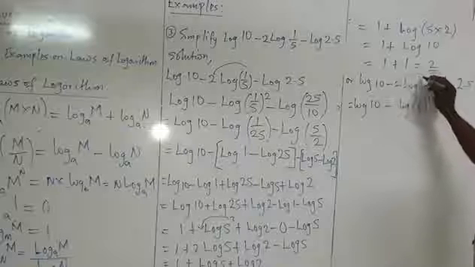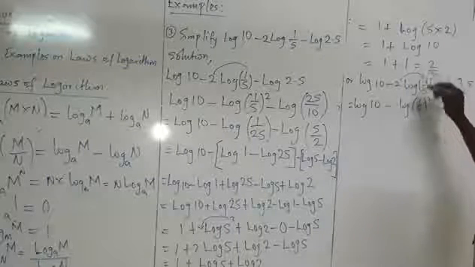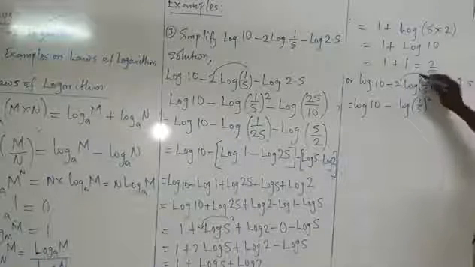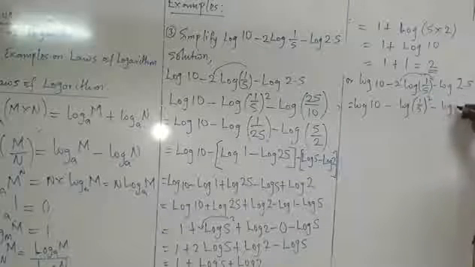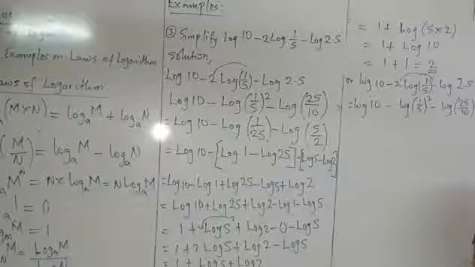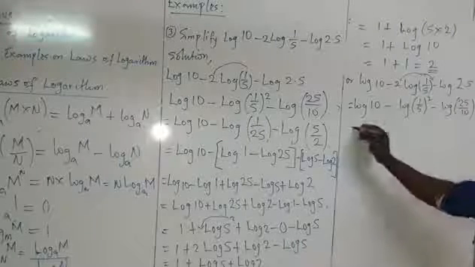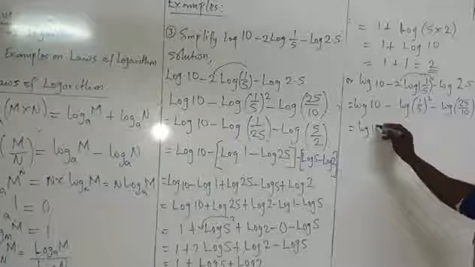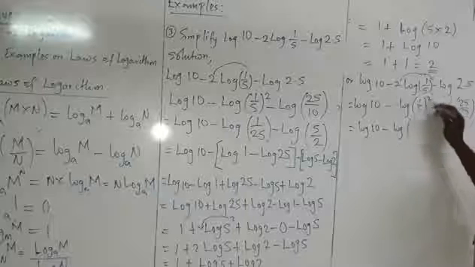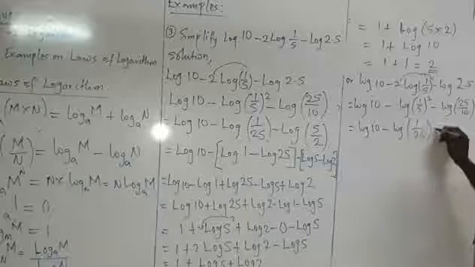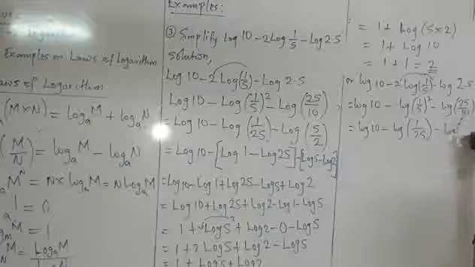You transfer it to become power. Then minus log, change the decimal to fraction, we have 25 over 10. Then you simplify: log 10 minus log 1 square 1, 5 square 25. Then minus log, reduce this to the lowest terms and that is 5 over 2.